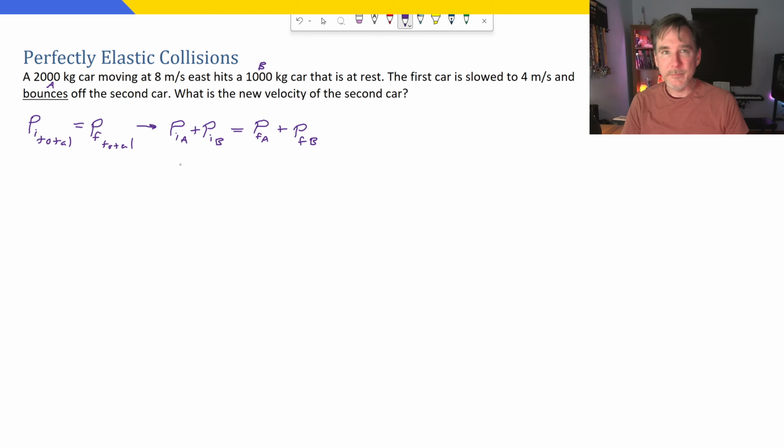That's just going to be mass times velocity for all of them. If you think of it as almost four separate objects, before and after, initial and final.